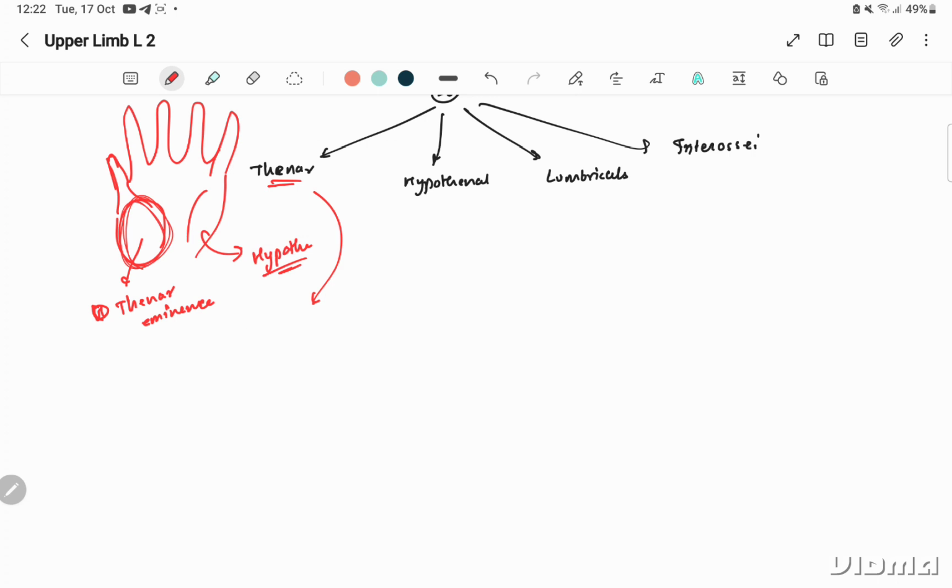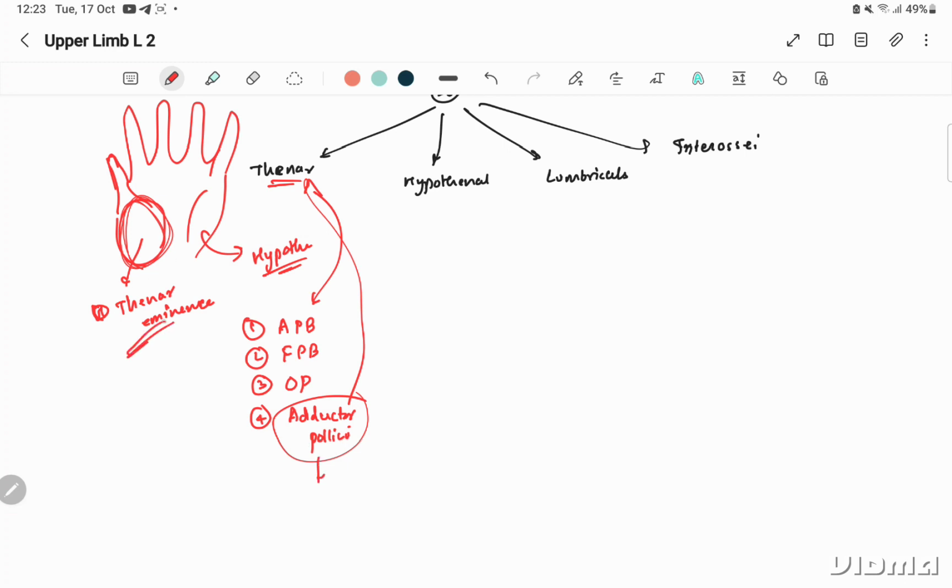So we have 4 thenar muscles: abductor pollicis brevis, flexor pollicis brevis, opponens pollicis and adductor pollicis. Adductor pollicis is considered a thenar muscle, but it is not present in the thenar eminence.